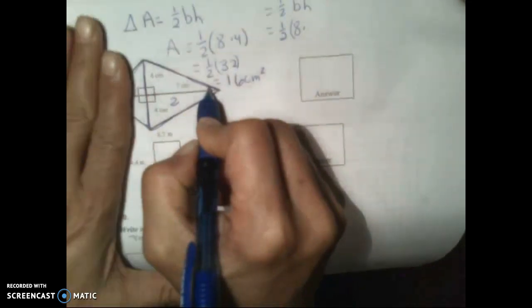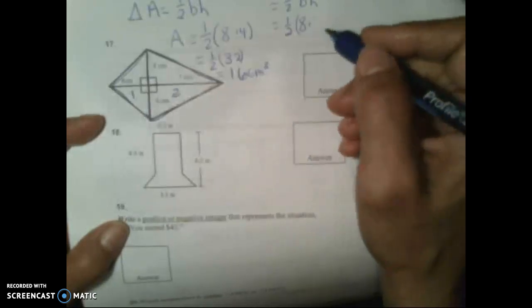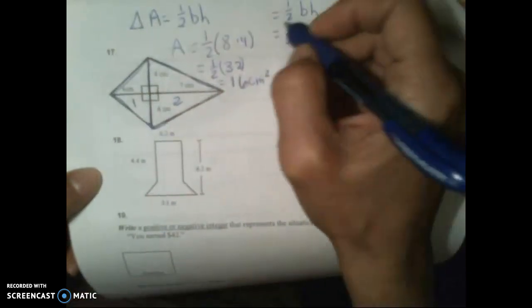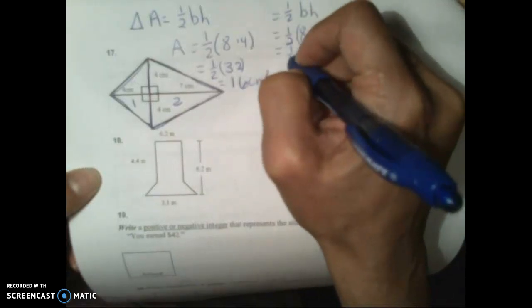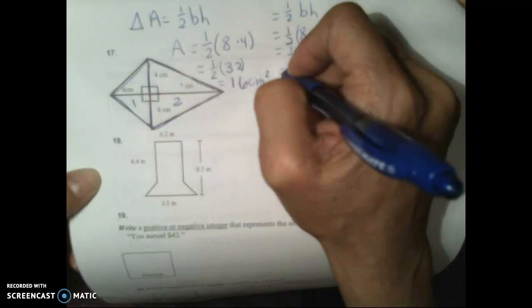So again, from here to here. If you're looking at it like this, if this was a triangle, what would you do? And if you were looking at triangle 1, if this was a triangle, what would you do? So 8 times 7, and that equals half of 56, which equals 28.